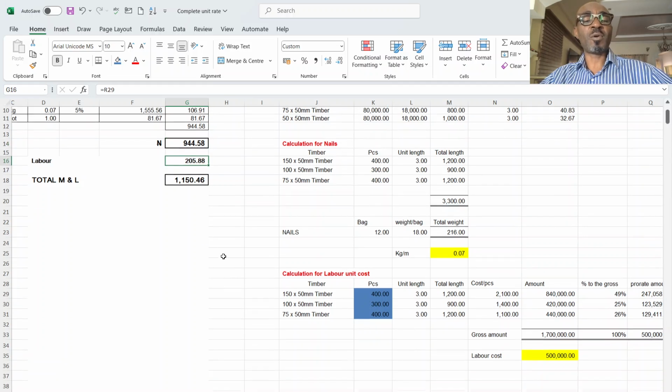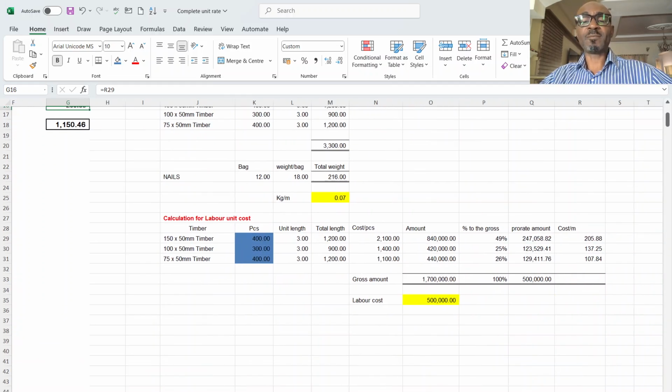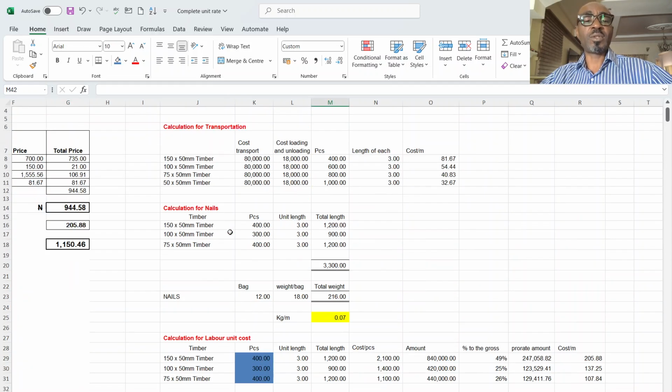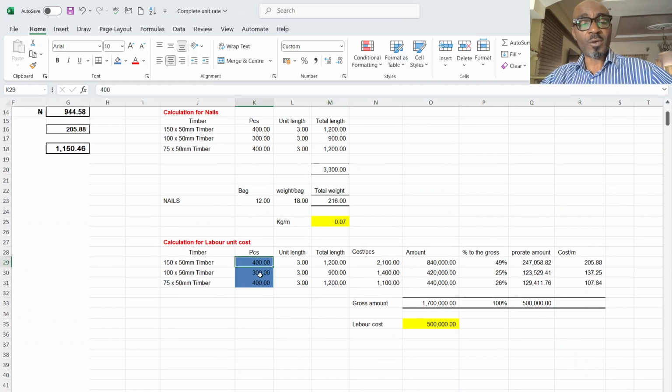Then the cost for labor, the same exercise. You have cost data from the market. Say you're taking the same timber that you bought, 400, 300, and 400, and these are the total length of 3,300 meters.